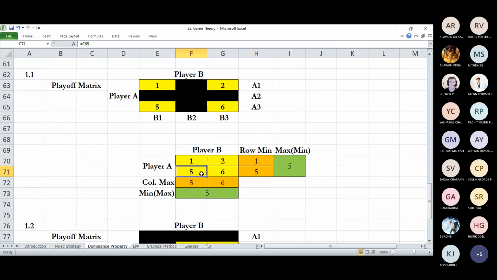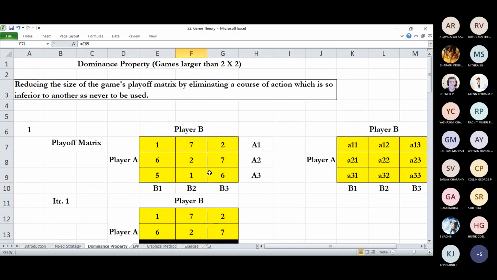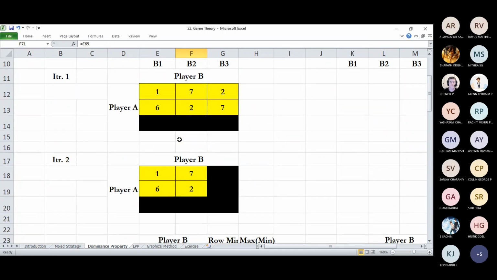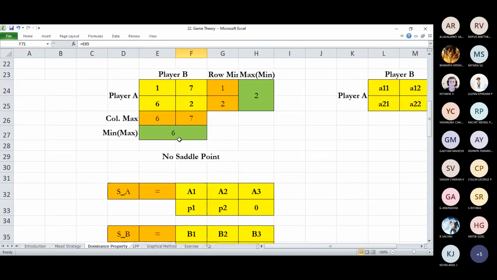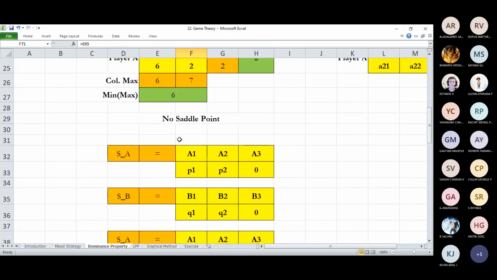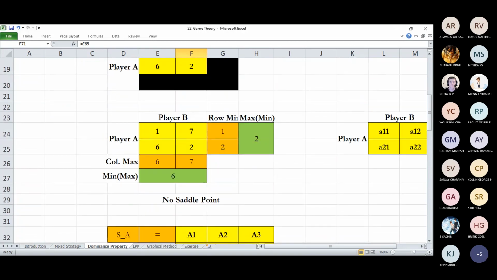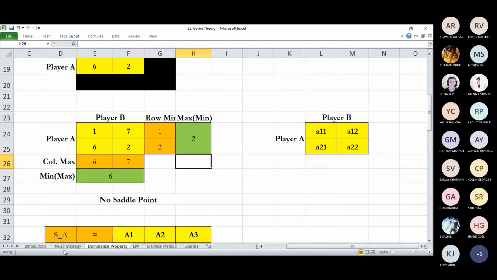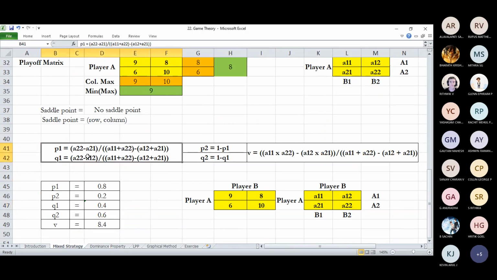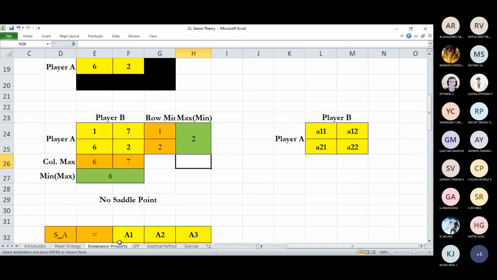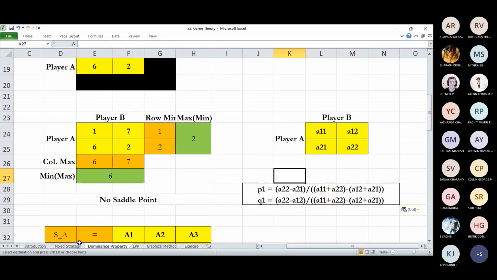Similarly, you can do other options, like the remaining options, right? So this is typically the dominance property. Let's take a look at this mixed strategy. What will be the value of this particular thing? Right. So can you quickly do this? I hope you have got the formula with you, or I'll just copy that from the previous thing.